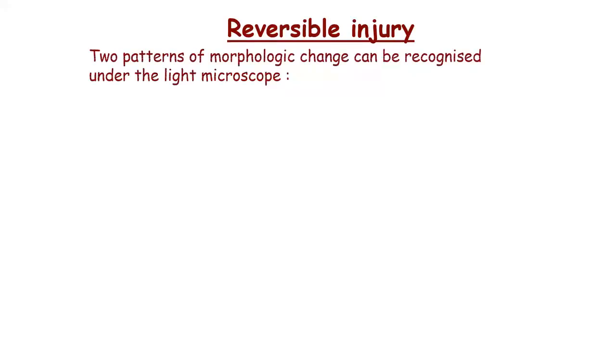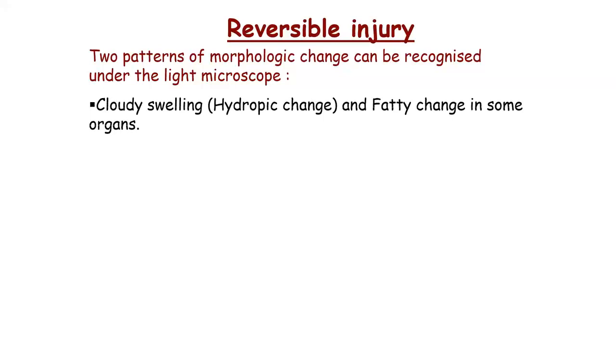Reversible injury. We have two patterns of morphologic changes that can be recognized under the light microscope in reversible injury: cloudy swelling or hydropic change, and fatty change in some organs. So in reversible injury, الخلية بتحوش حاجة من اتنين، يتحوش مية water، يتحوش fat.